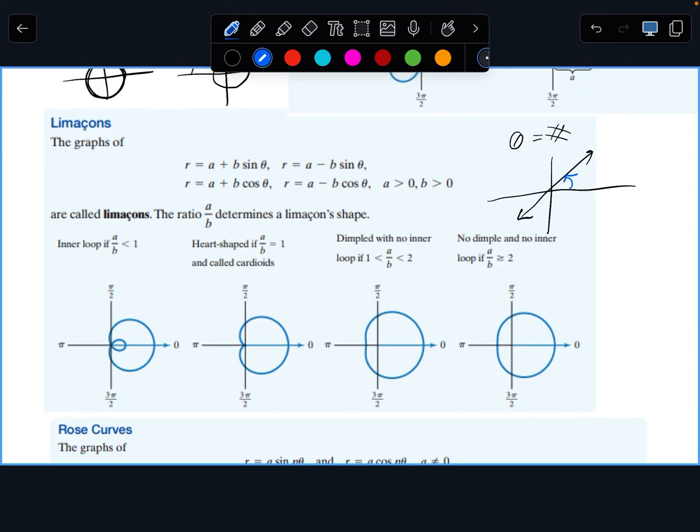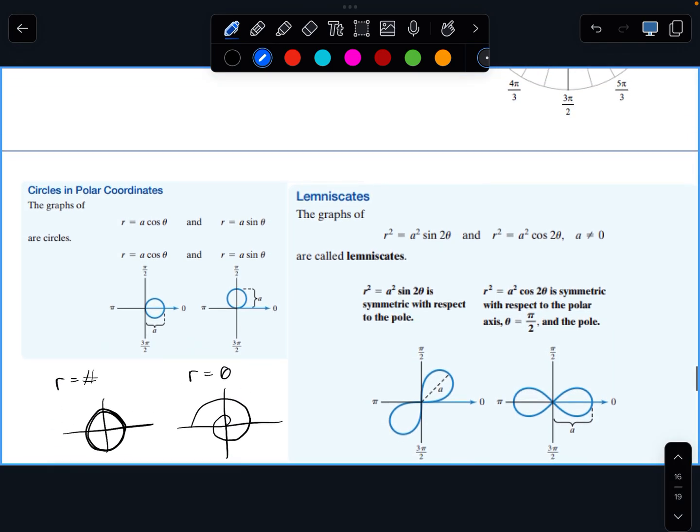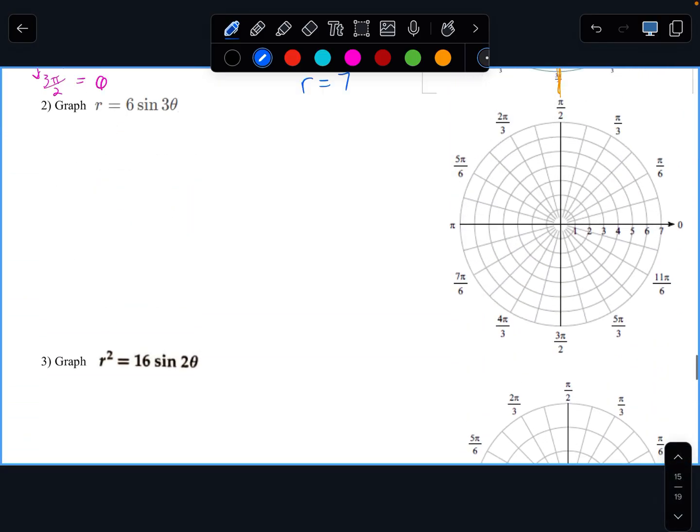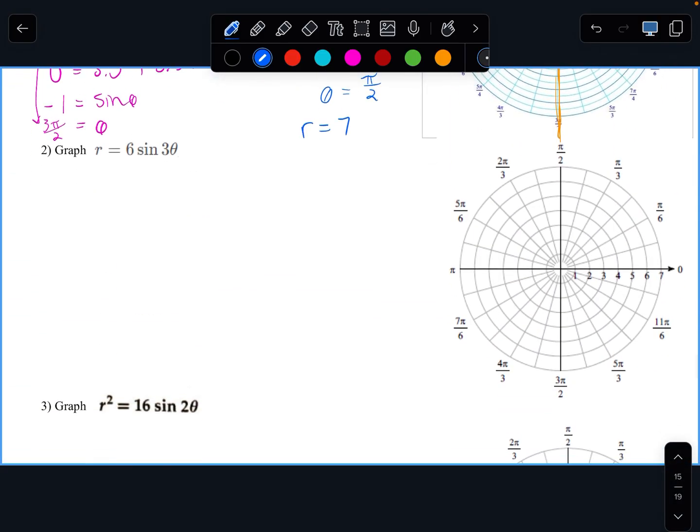And all cardioids have, or limaçons, I guess I keep saying cardioids, but they're technically called limaçons if you talk about all of them. But this one has addition and subtraction with it, but there's no scalar on your theta. So it just kind of depends on where your numbers are, pretty much. And then circles, there's no scalar on the theta, it just has amplitude. And then limaçons we're going to talk about in a little bit.